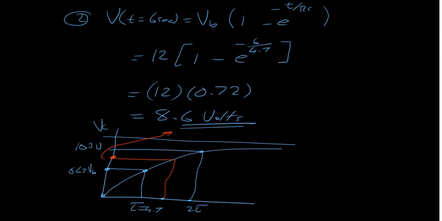Okay, now the third question is finding when the current through the circuit, or through the resistor, will be reduced by 25%. In this case, he's asking me to find when the current will be 75% of the total.